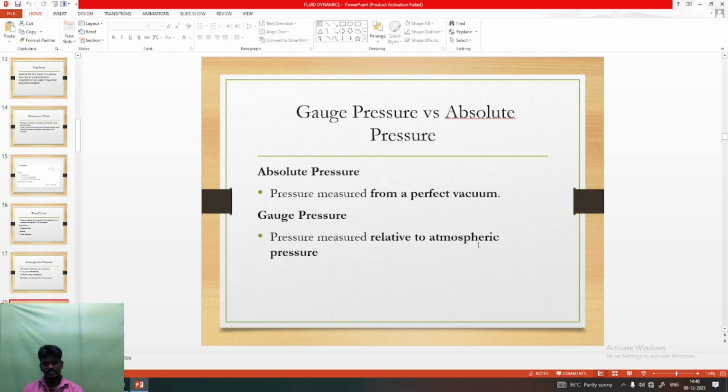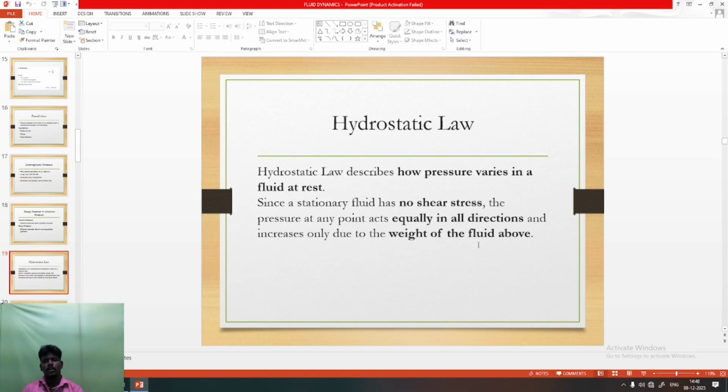Okay. The next is hydrostatic law. What is hydrostatic law? Hydrostatic law describes how pressure varies in a fluid at rest.